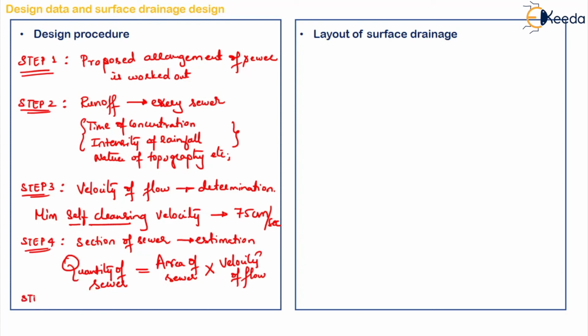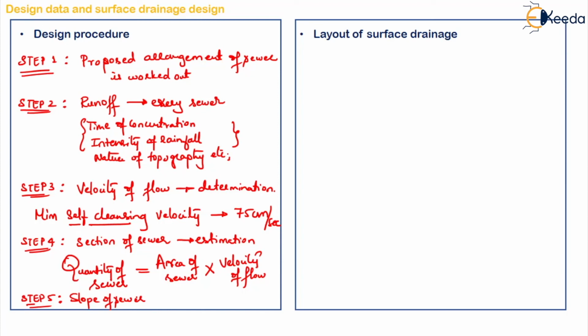And the final step, that's your step 5, is to determine the slope of the sewer line. So longitudinal sections of each sewer line are drawn for a suitable scale, and the sections show the invert level and all the sewer apparatus. Normally, the main factors which influence the flow of storm water are conditions of the flow, cross-section area of the sewer, roughness of the interior surface, slope of the sewer, etc.